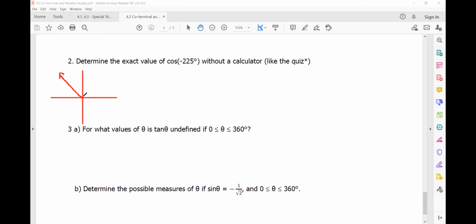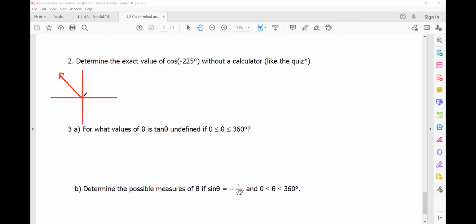Can you use your knowledge from 4.1, special triangles? Anyone remember? Root 2 over 2. So cos 45 is square root 2 over 2. So the answer to cosine of negative 225 is actually the same as cosine of 45 because I'm drawing the same triangle, aren't I?